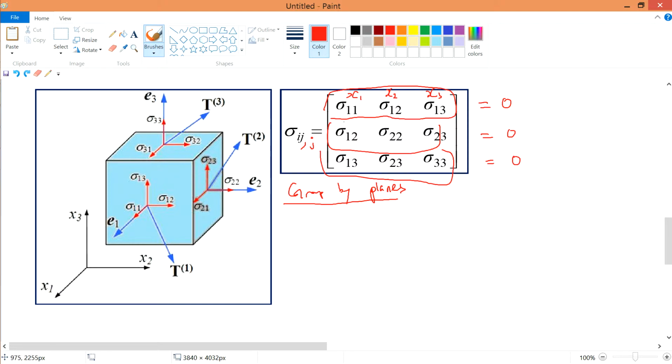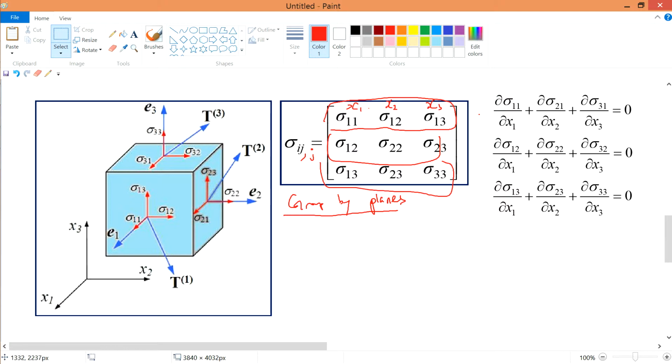And therefore I have this. Now I partially differentiate each of these stresses based on their axis, and the stresses along this axis, how much they deform, should be equal to 0. They should be in equilibrium.